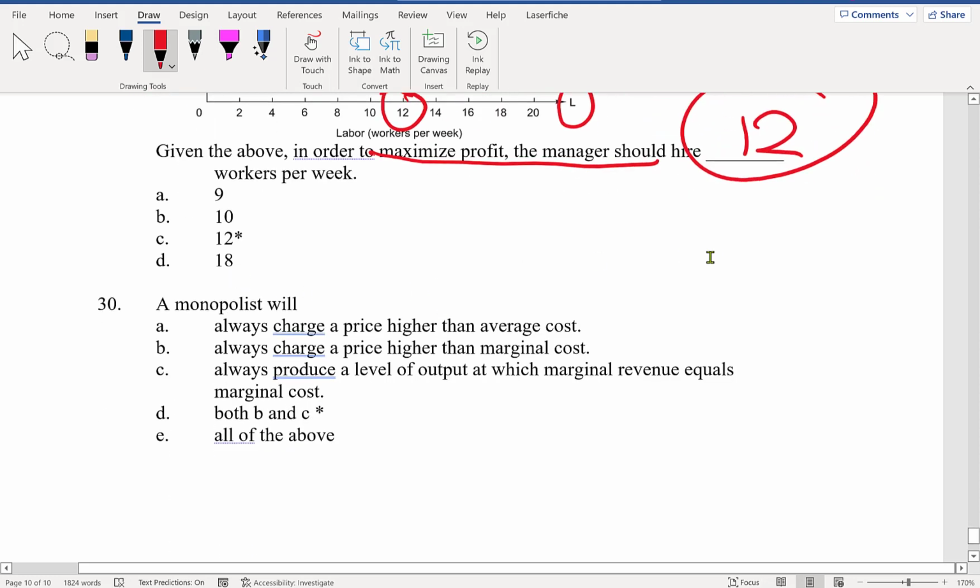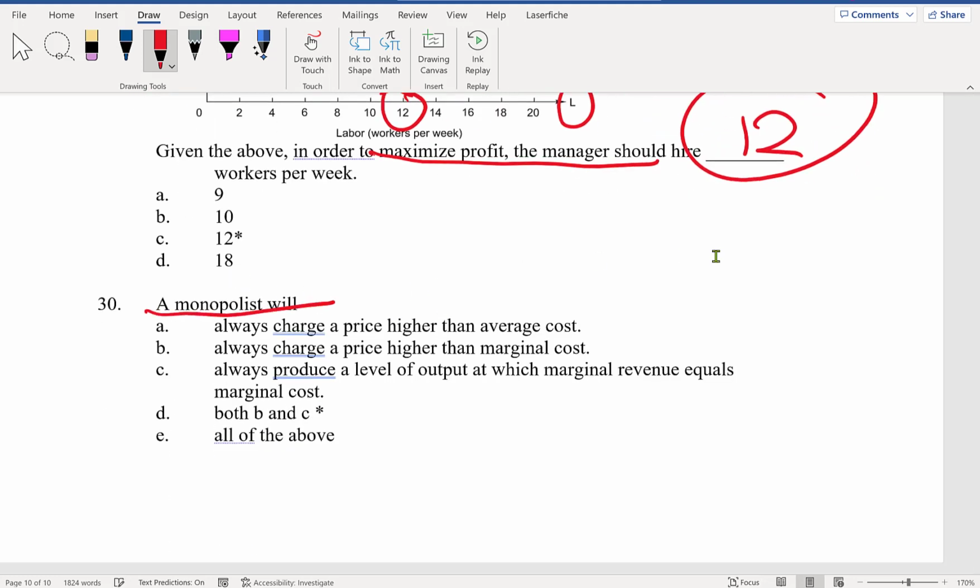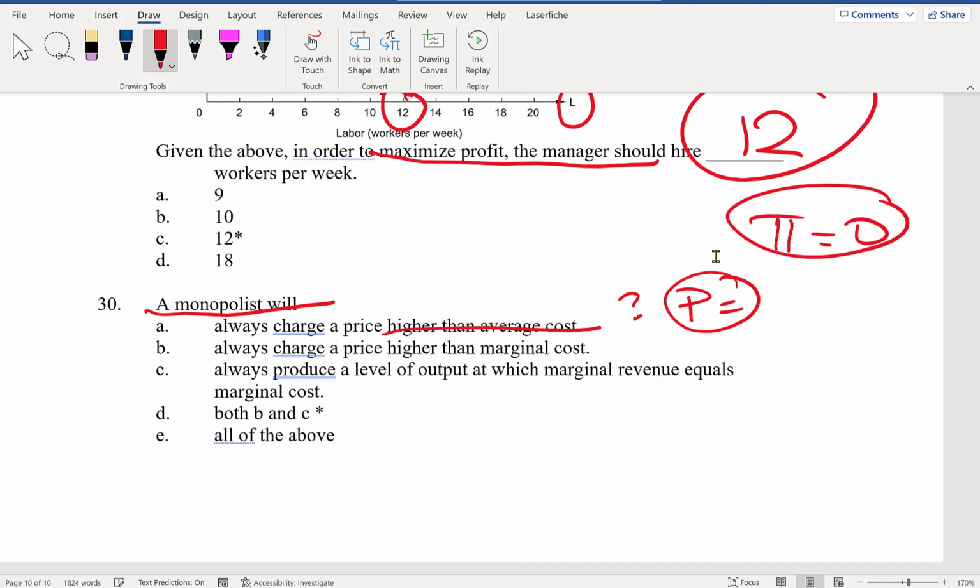And the last question: a monopolist will always charge a price higher than average cost. No, actually this is ridiculous, because in the long run your price can be equal to average total cost, so economic profits will be 0.